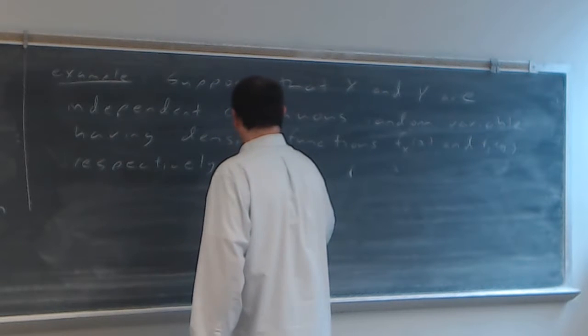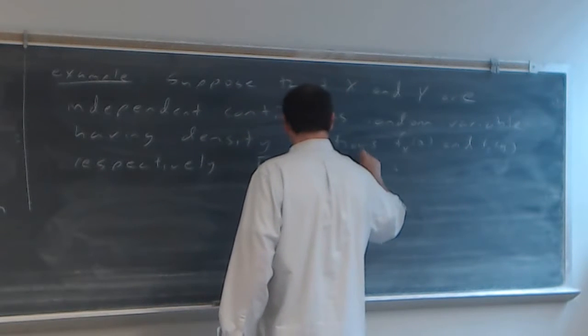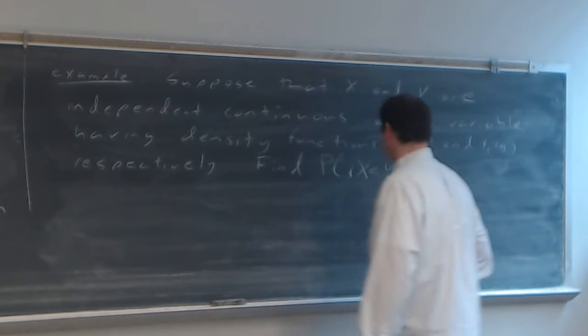Someone could say, find the probability of this event, that X is less than Y.